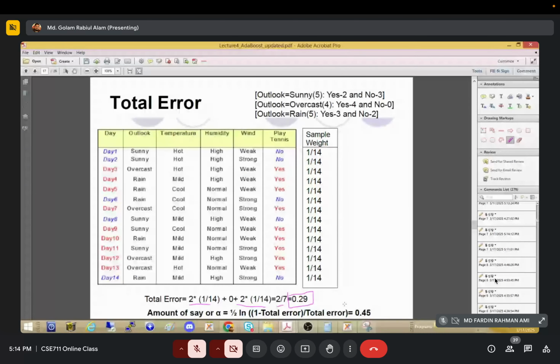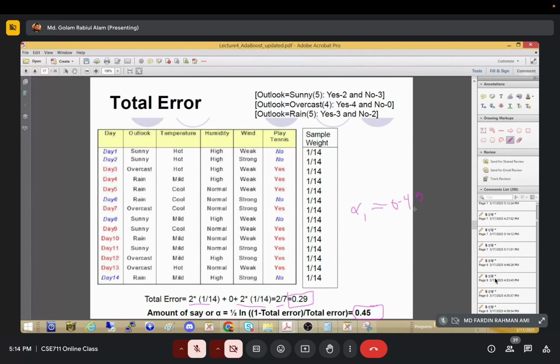The amount of say you will get is 0.45. So alpha of 1 is 0.45. So 0.45 is the weight of the vote.